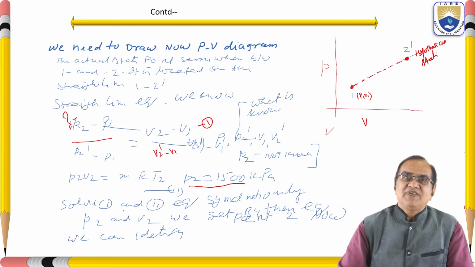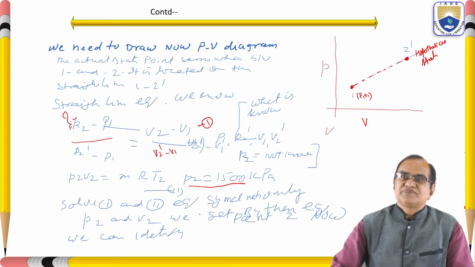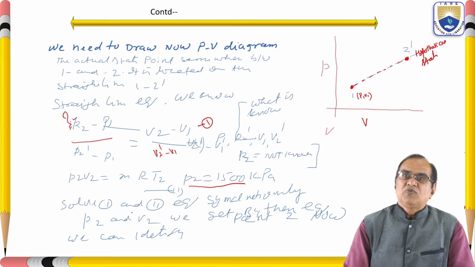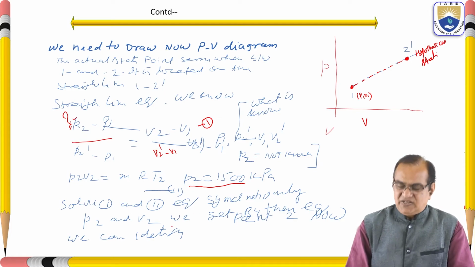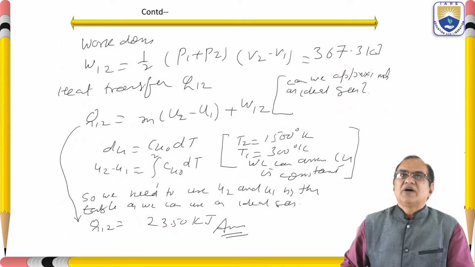So solving equations 1 and 2, we get P2 and V2.